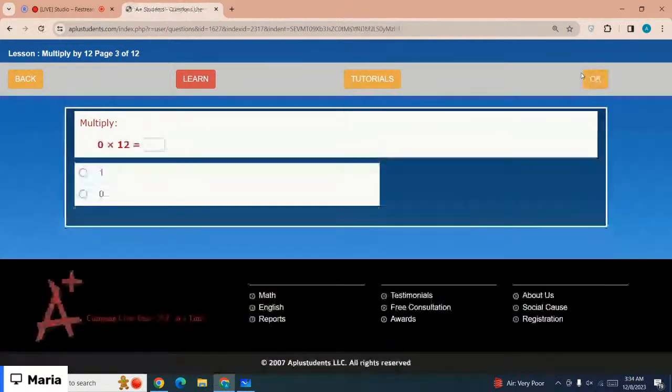The next one is multiply 0 times 12. So 0 times 12 is... very good. 0 times 12 is 0. 0 times any number equals 0, right? So the correct option is 0.